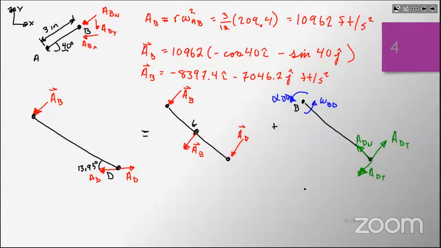How are we going to pick? We're going to pick one and do the problem consistently, and then our numbers will tell us. If we get a negative, that means that we chose the wrong direction. There's no right or wrong one to pick. Pick whichever one you think makes the most sense.